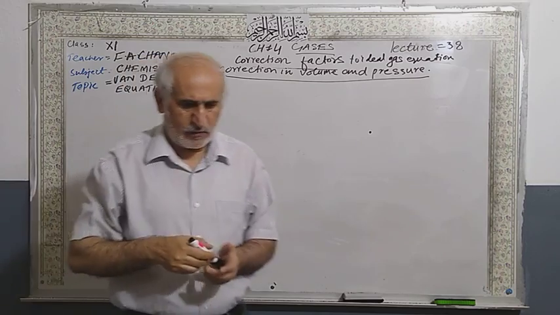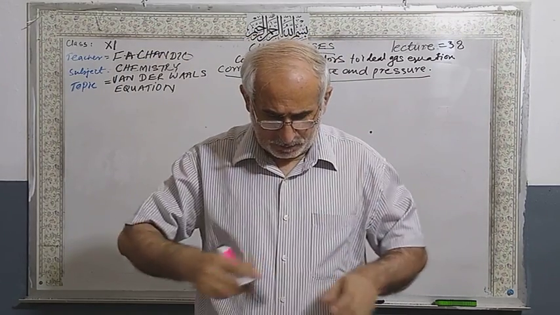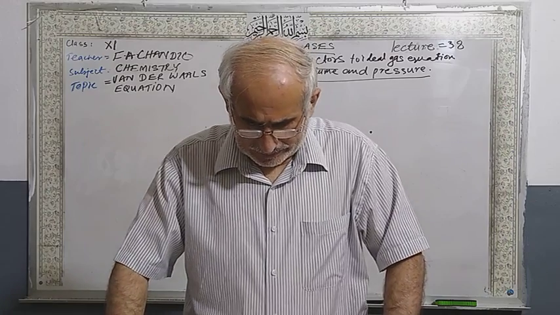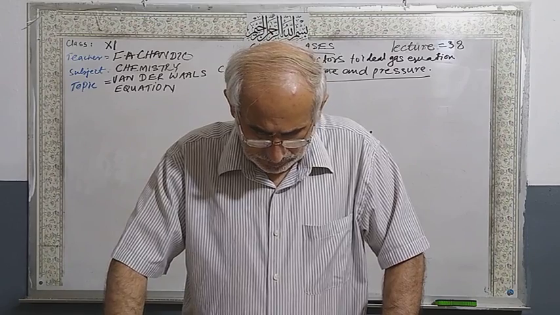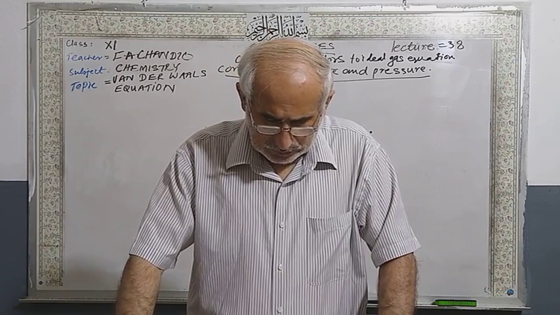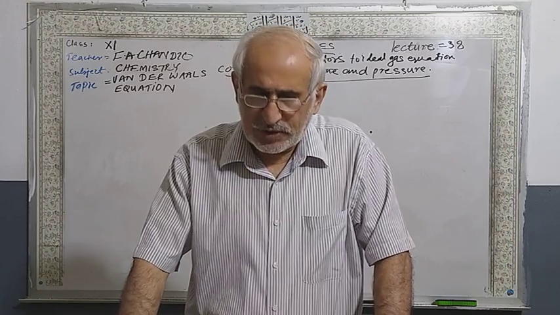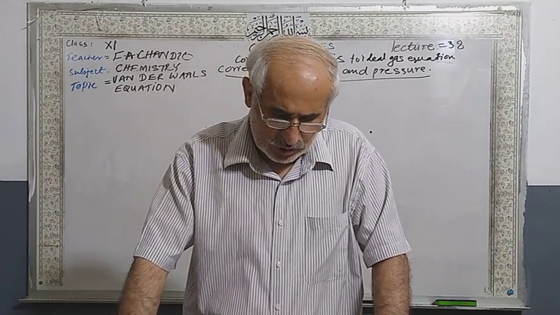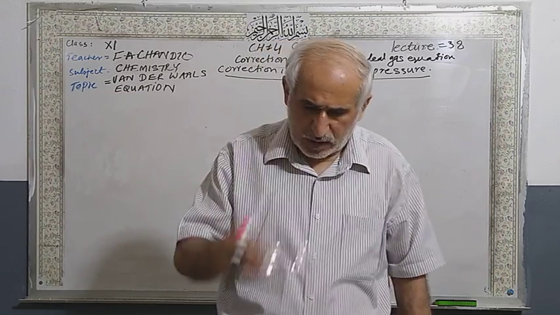He made corrections in volume and pressure to make the equation applicable for real gases. This equation is called the van der Waals equation. So we have to derive the van der Waals equation according to these two factors: one is called volume correction and another is called pressure correction.